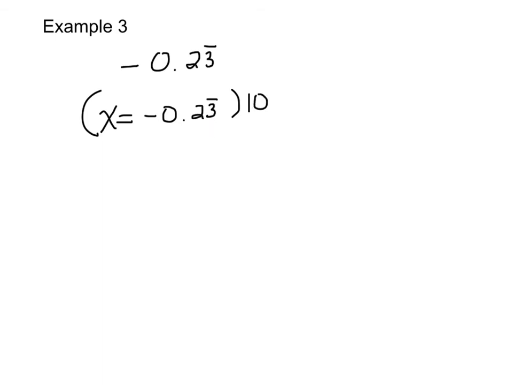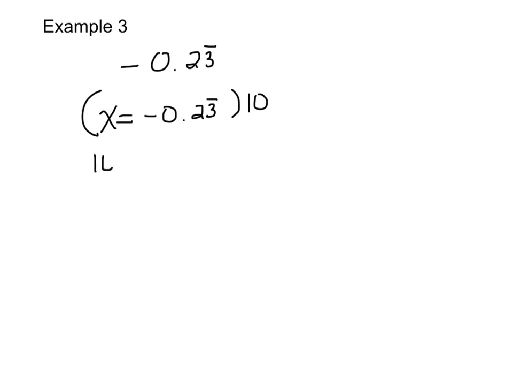Let's try another example. Example number 3, negative 0.23, where the 3 is only repeating. Step 1, x equals negative 0.23, where the 3 is repeating. Now in this example, you still only have one number that's repeating. So we're going to multiply everything by 10.